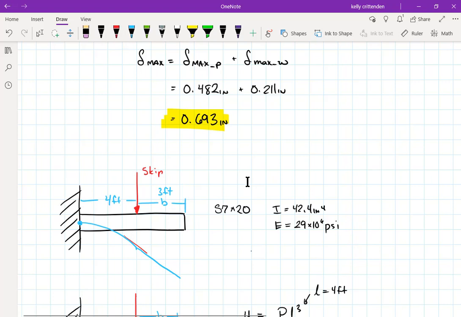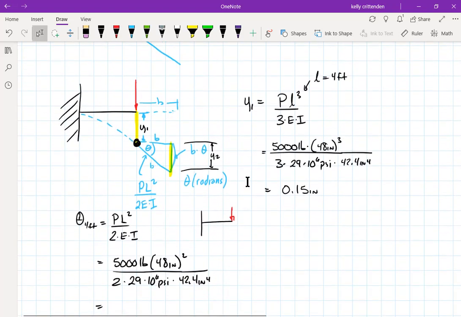It wouldn't really work. What I'm going to do is have the cantilever beam 4 feet long, point load of 5,000 pounds on it, and then calculate the slope at the end of that beam. And then once I know that, I can calculate this height here. But no, it's not the 3 feet.